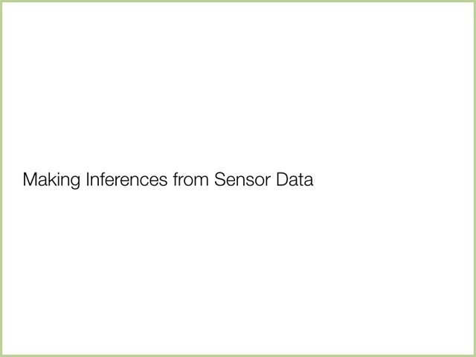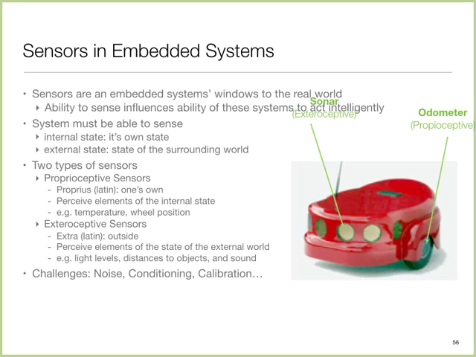Okay, the next thing I wanted to cover is how we go about making inferences from the data that you have collected. At a philosophical level, our systems tend to have two broad categories of sensors. This is a term from robotics.